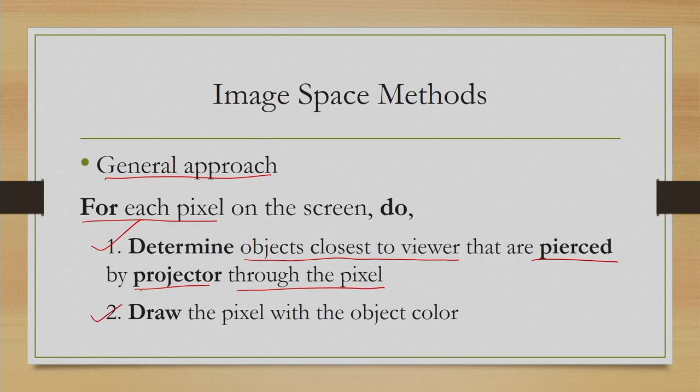Secondly, the second step is to draw the pixel with the object color. So, in the first stage we determine which is the closest object that is projected on the pixel, and in the second stage we assign the pixel color as the object color, and that we do for each pixel on the screen.